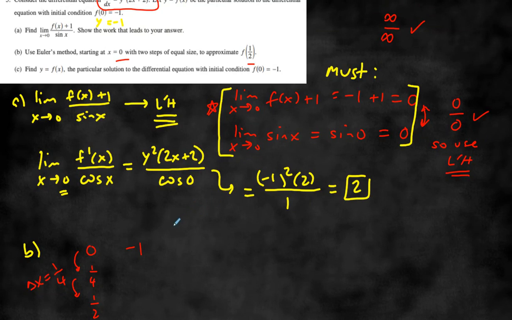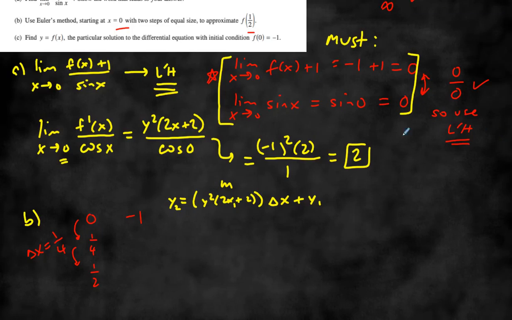So we're going to write down that the new y is going to equal the slope, but the slope we have is y squared times 2x plus 2, that's our dy dx, that's our slope, times the delta x plus the older y. So this would be y2, and this would be y1, and this would be x1. So this is what we're going to use to calculate our values.